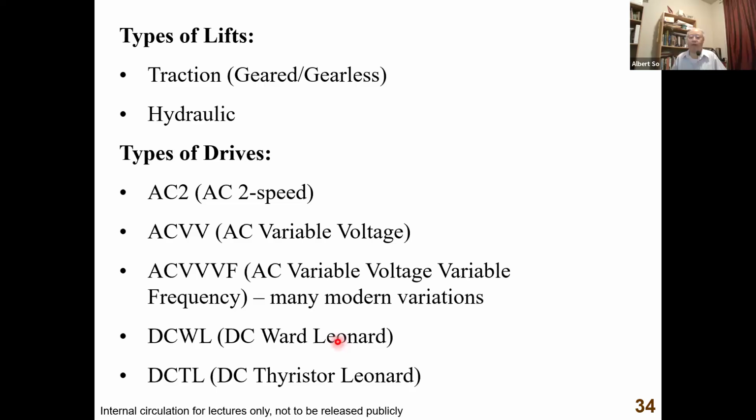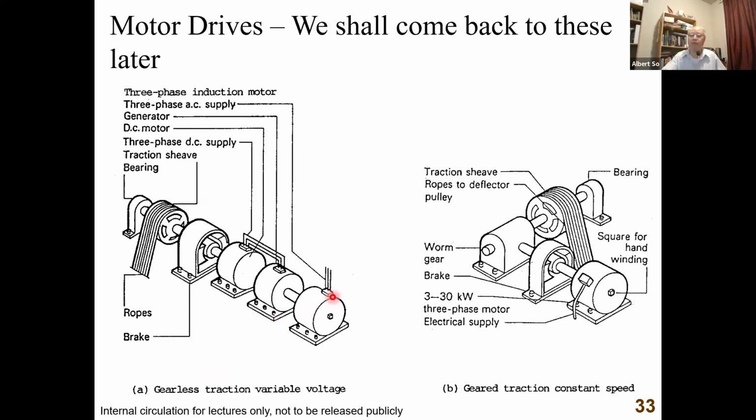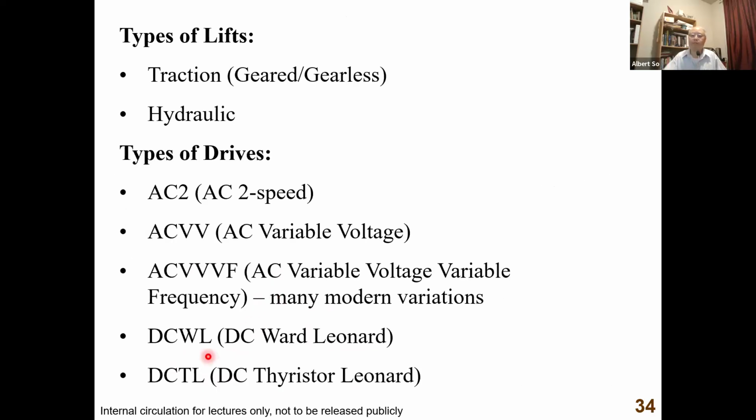DC Ward-Leonard was common in the 60s or even 70s of the last century, and then by the mid or late 70s, we had power electronics. Thyristor drive is the power electronic one. Power electronic means we don't have the motor and generator set anymore, and you use power electronics to directly feed a controllable DC onto the DC motor. So no more motor and generator.